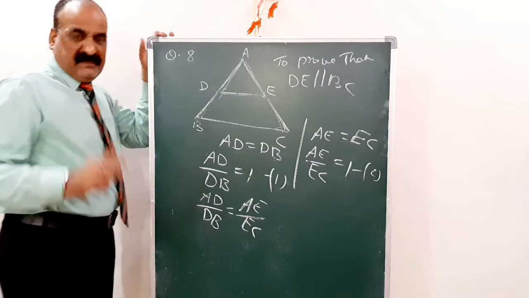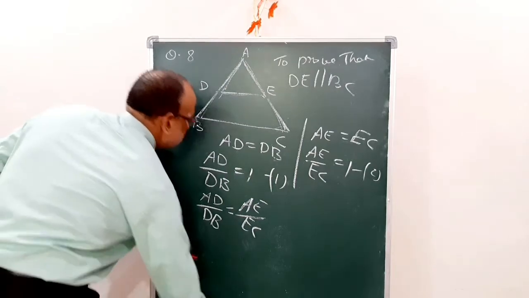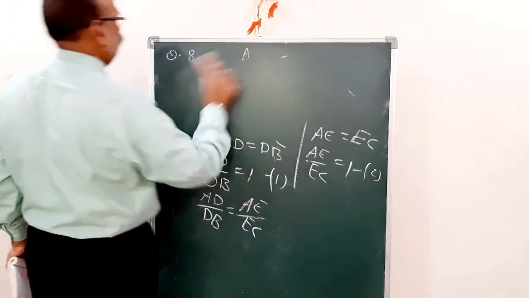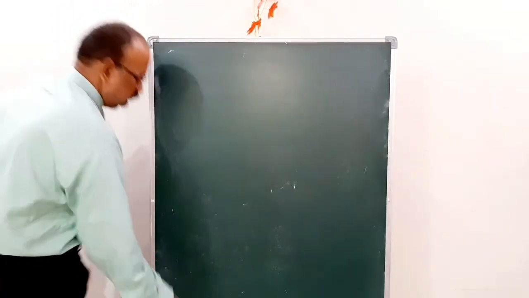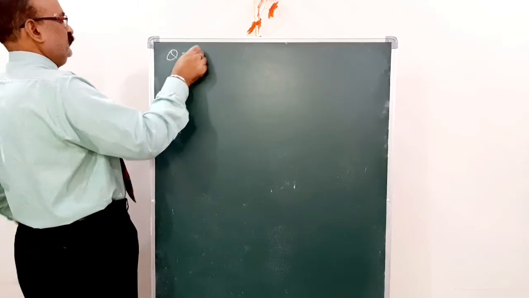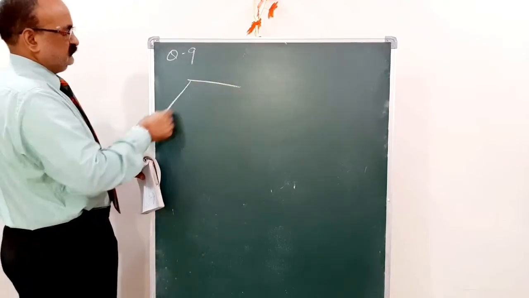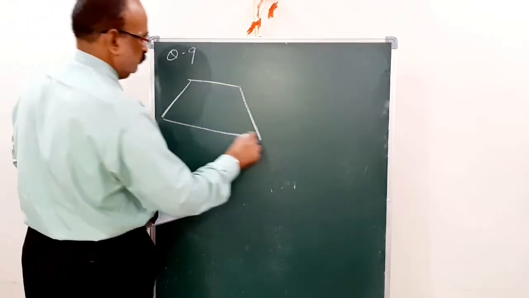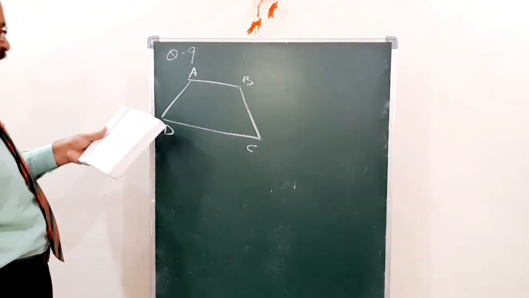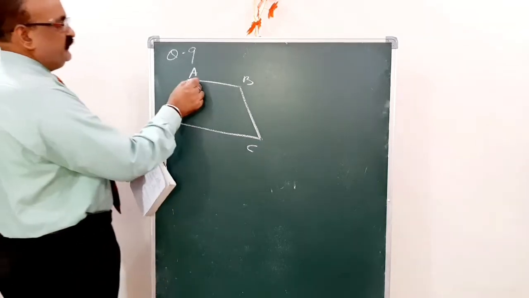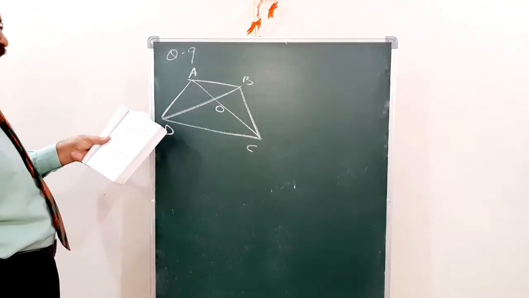Okay. Now question number 9. ABCD is a trapezium and AC and BD are diagonals.